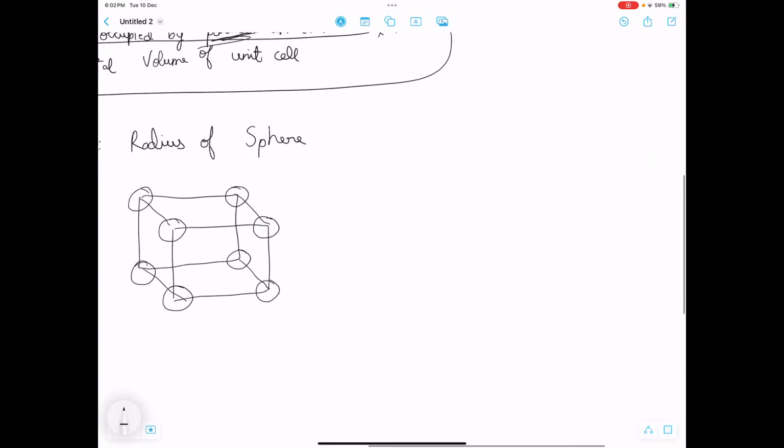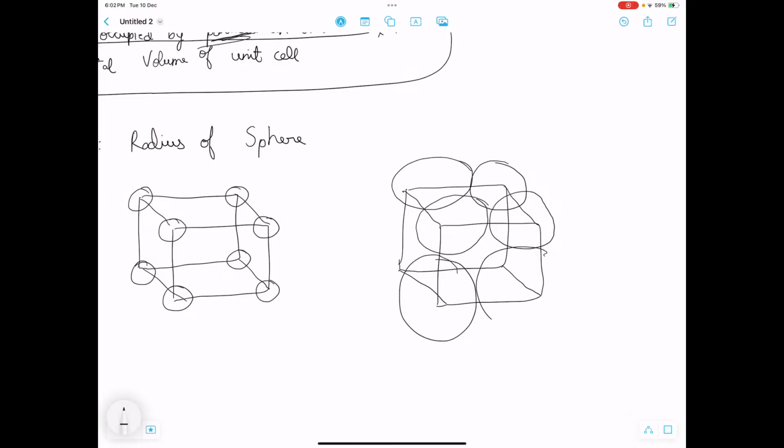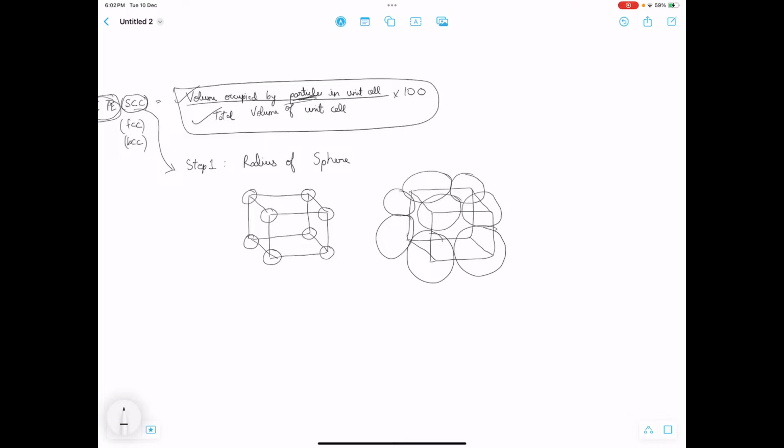So this is not the correct structure. To make the correct structure, this is very important, because they touch each other along the edge. We come to know from this that these atoms are so big and they are touching each other along the edge like this. You get the point, right? These atoms touch each other, they are so big.